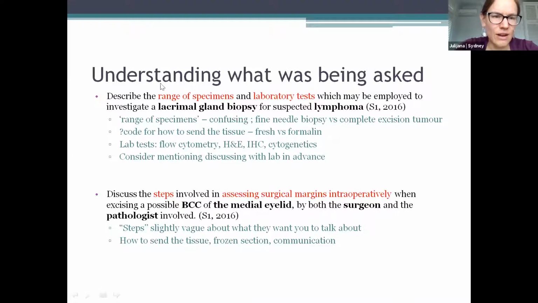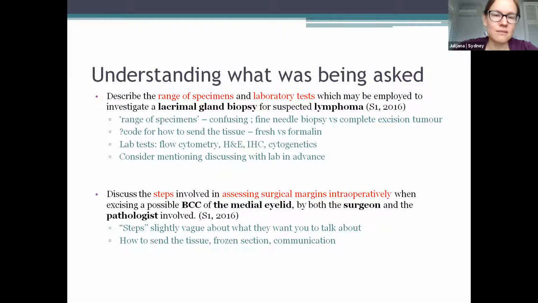When I first read this, I was thinking, range of specimens, what do they mean? I found this a little bit confusing, but I think they meant a needle biopsy versus a complete excision. But then I thought, could this also be code for how you are sending the tissue, like fresh versus formalin? So I think you probably need to discuss all of those issues.